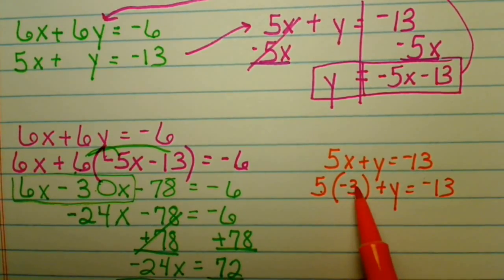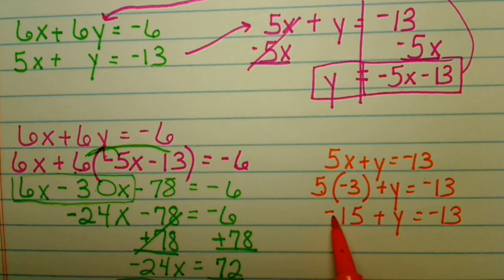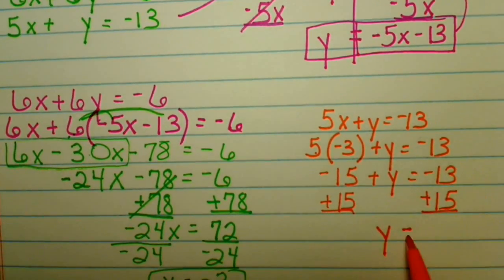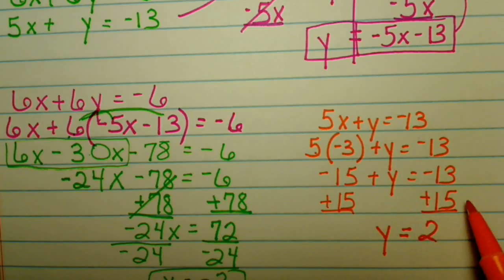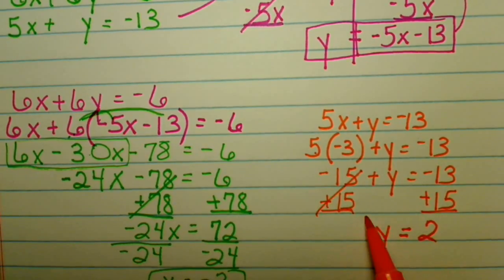So 5 times -3 is -15. Bring everything else down. The inverse of a negative 15 is to add 15 to both sides. And I get y is equal to 2, because when you're combining unlike signs, you subtract them and it gets the sign of the larger number.